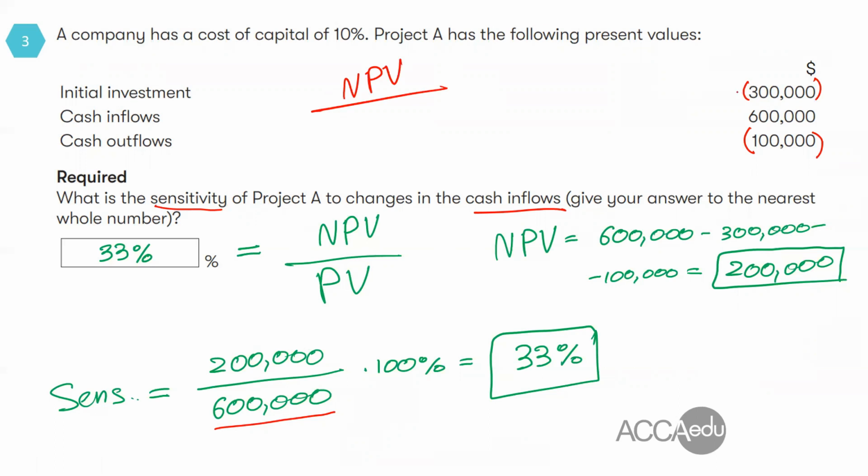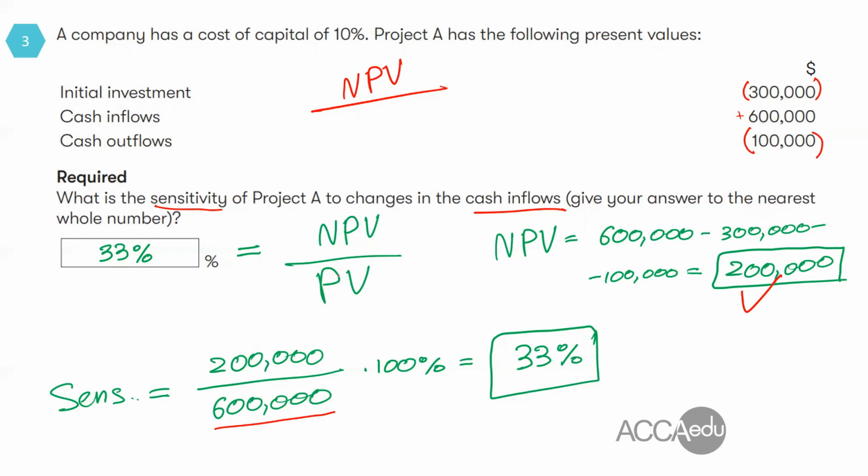Initial investment is an expense, so it's in brackets. Cash inflow is the profit, so it's not in brackets. Cash outflow is another expense, so it should also be in brackets. NPV is found by the $600,000 less initial investment and cash outflow. So our NPV is going to be $200,000.